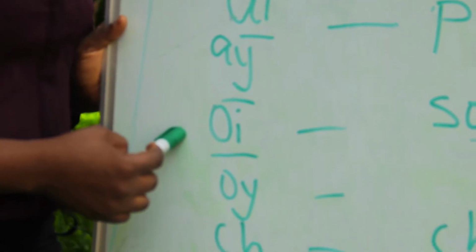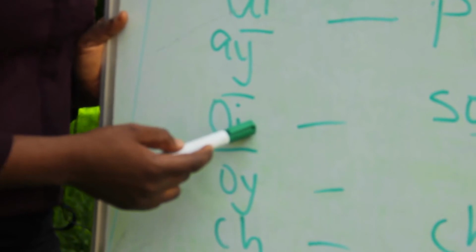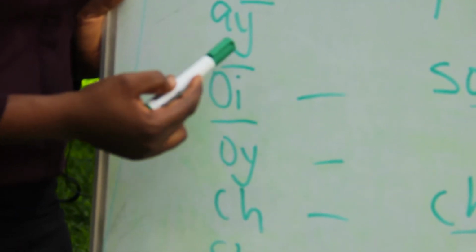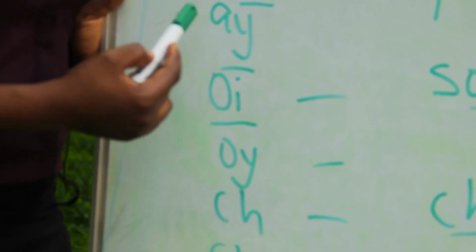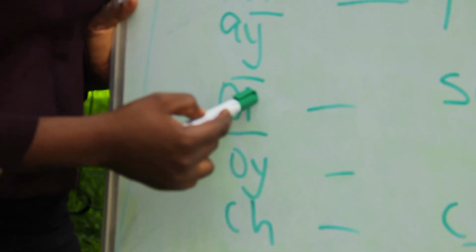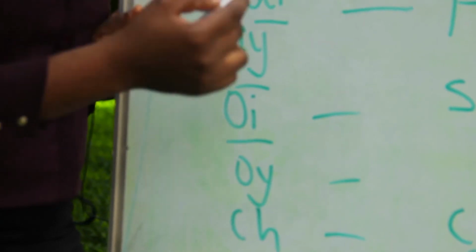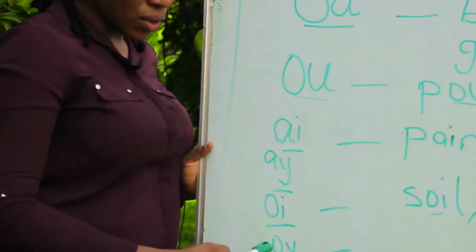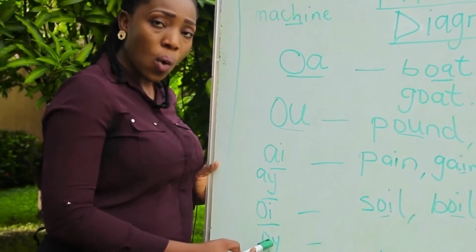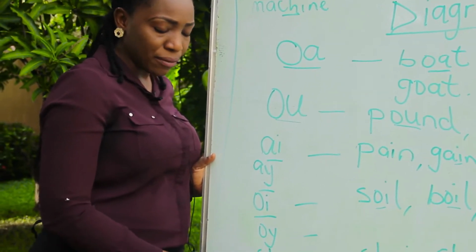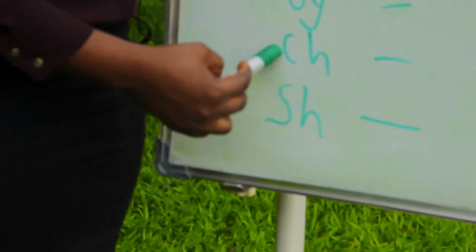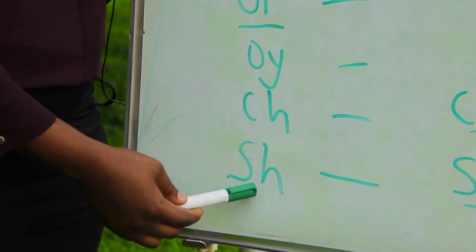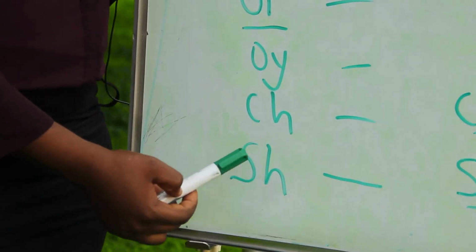This is oi. OI sounds oi. Let's call it the sound now, O and E. Oi. This is oi. It also has its variant in OY. Now we have ch. Also have sh.